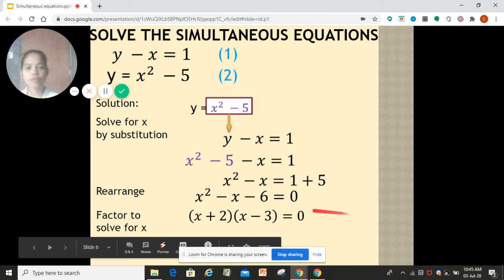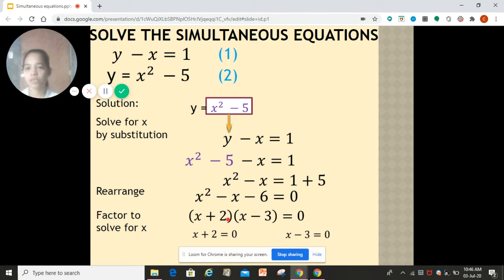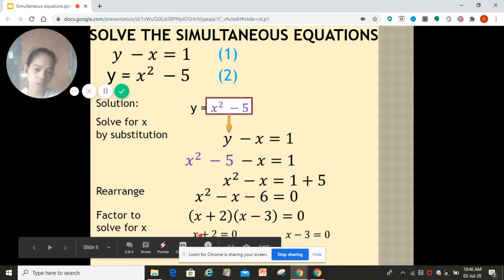Since we have two binomials and they are equal to 0, we separate them. You'll have x plus 2 equals 0, and the other one is x minus 3 equals 0. Since we're solving for x, you just simply transpose your positive 2 to the other side, and again it will change the sign. And you transpose your negative 3 to the other side, and again it will change the sign.